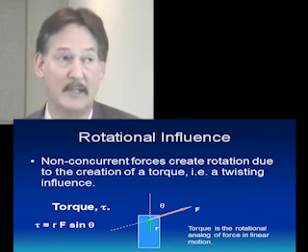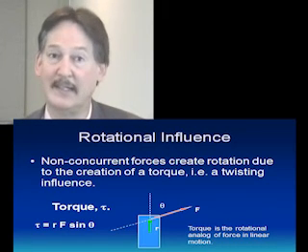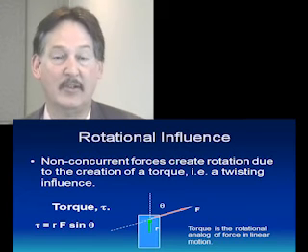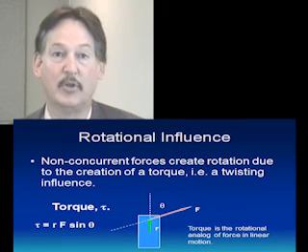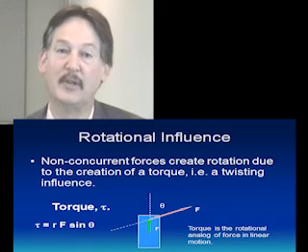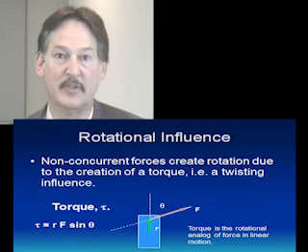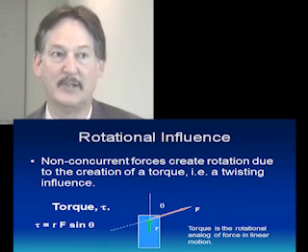Now in this particular diagram, if you take your right hand and you curl your fingers in a clockwise direction, in essence pointing along the direction of r, and then turning your fingers toward the direction of F, you find that your thumb will be pointing directly into the board.